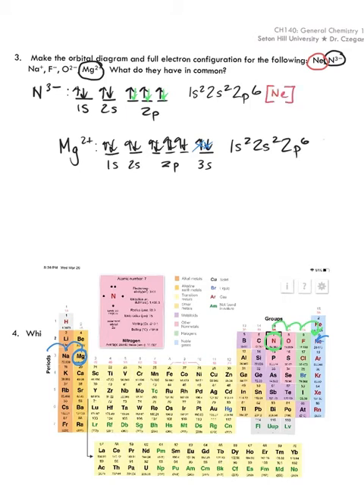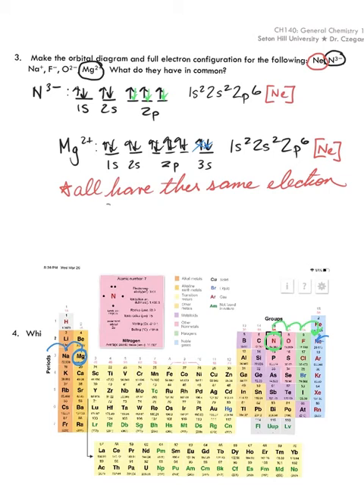And if we wrote the noble gas configuration here, this would also be neon. So these all have the same electron configuration, the electron configuration of neon.